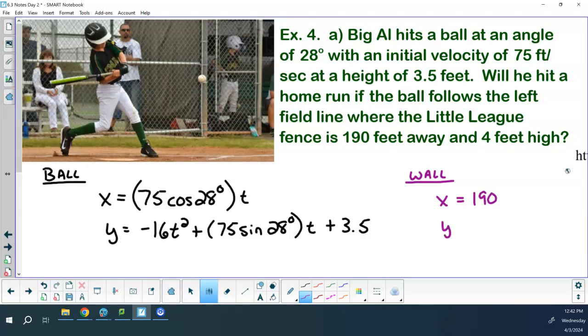My y value says that that wall needs to be 4 feet tall. So y is going to equal t. And then what are my restrictions going to be on t? If I want it to be 4 feet tall, 0 to 4.